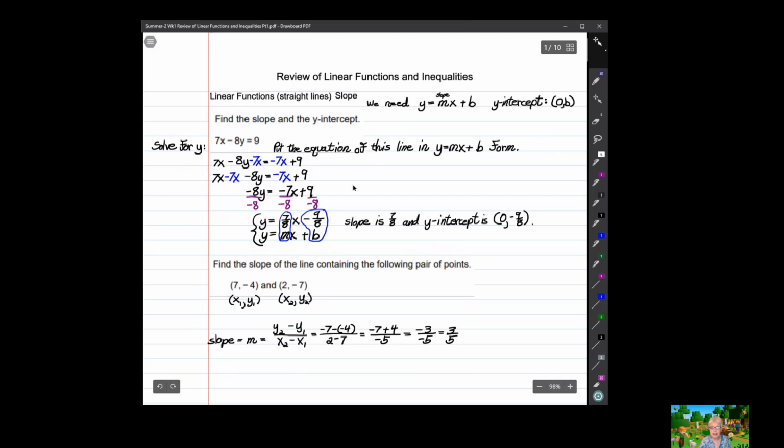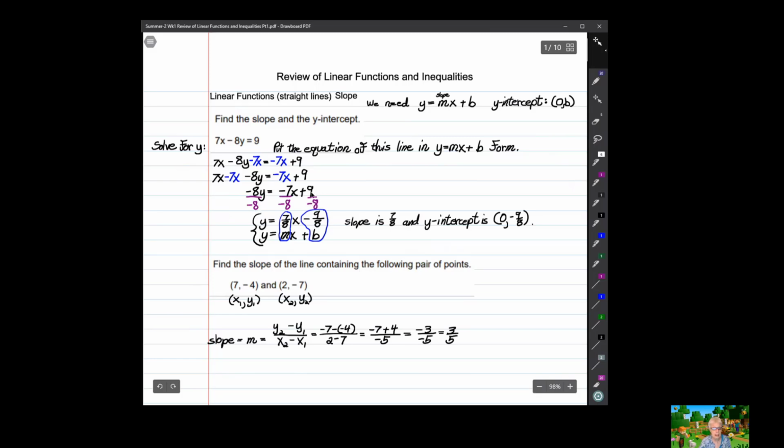Then to get y by itself, because that's what I need, I divide by negative 8, the number in front of y, which we call the coefficient. I divide every number by negative 8. Negative 7 over negative 8 is positive 7/8. Of course, the negative 8's cancel out on the left.